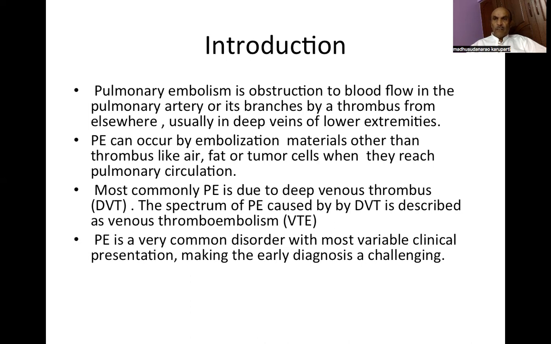They originate somewhere else in the body and they reach the pulmonary circulation through embolization. Most commonly, PE is due to deep venous thrombus. As I told you, the spectrum of deep venous thrombosis with pulmonary embolism is described under the term venous thromboembolism.